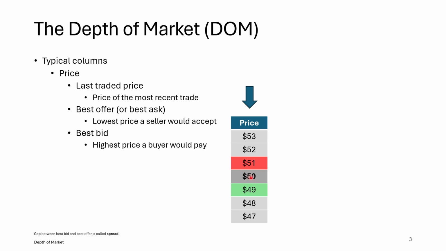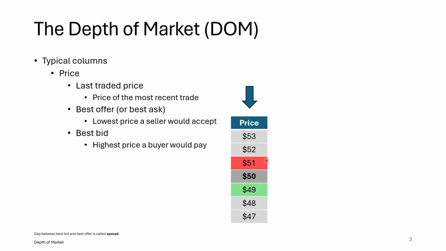And then you see the best offer or best ask. This is what we see here in red. This is the lowest price a seller would accept. So that means when you want to buy or when you want to go long, you need a seller to sell to you. And this is the price that you can expect to get. This is the best price that you can achieve.